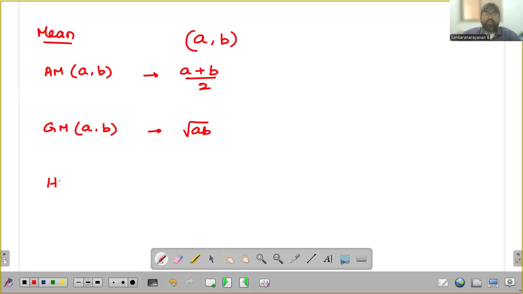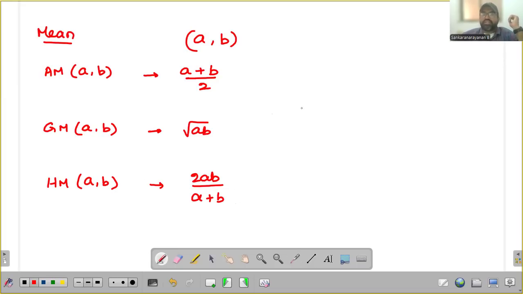And the harmonic mean associated with these two numbers will be 2ab upon (a plus b). So when two numbers are under consideration, arithmetic mean will be (a plus b) by 2, geometric mean will be square root of ab, and harmonic mean will be 2ab by (a plus b).